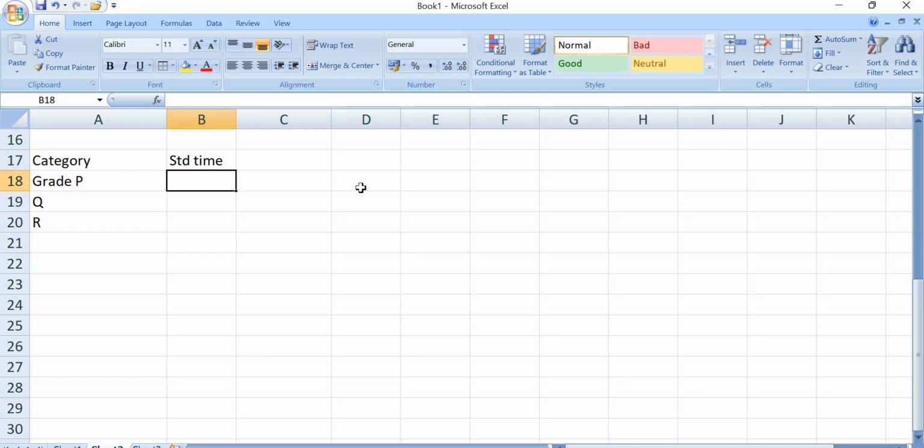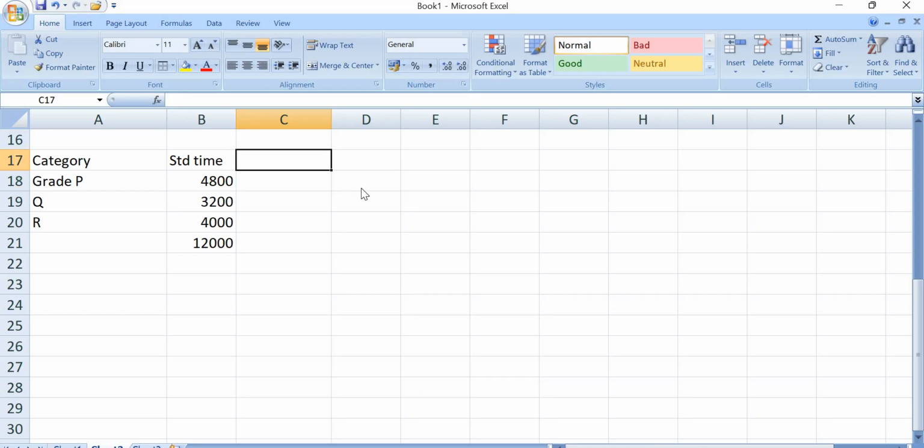So standard time is 80, right? So 60 workers into 80 per worker, 4,800, and for Q it is 40 and R it is 50. So 40 into 80 and 50 into 80. So this is our standard time, that is around 12,000 hours in total.